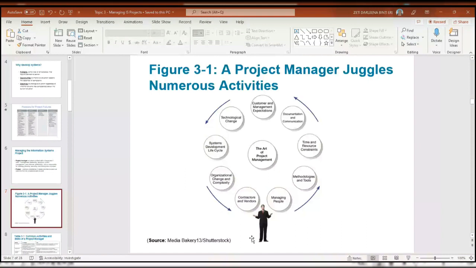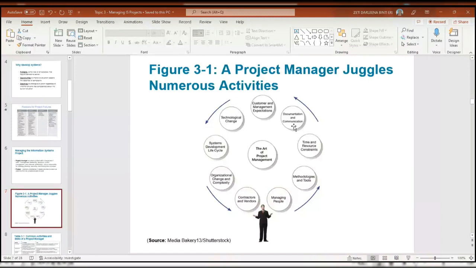So these are the skills of a person we call a project manager. He has to manage people, know the methodologies and tools to use, time and resource constraints, documentation, communication, review documents, verify the documents, verify the steps, make decisions, and so on and so forth.